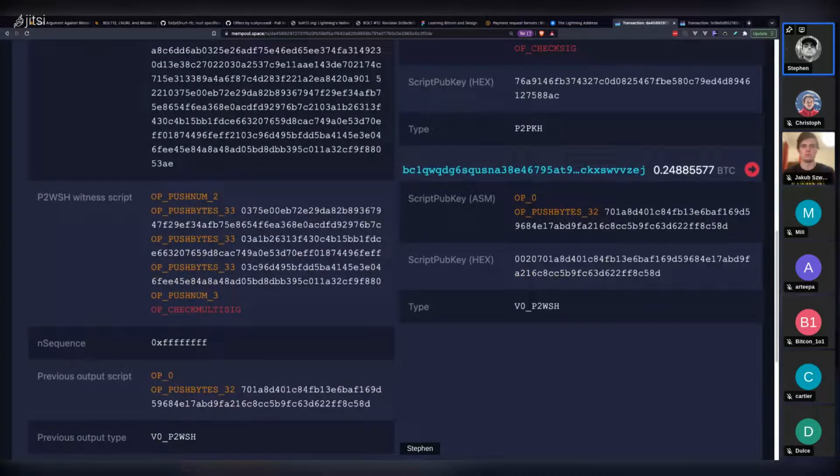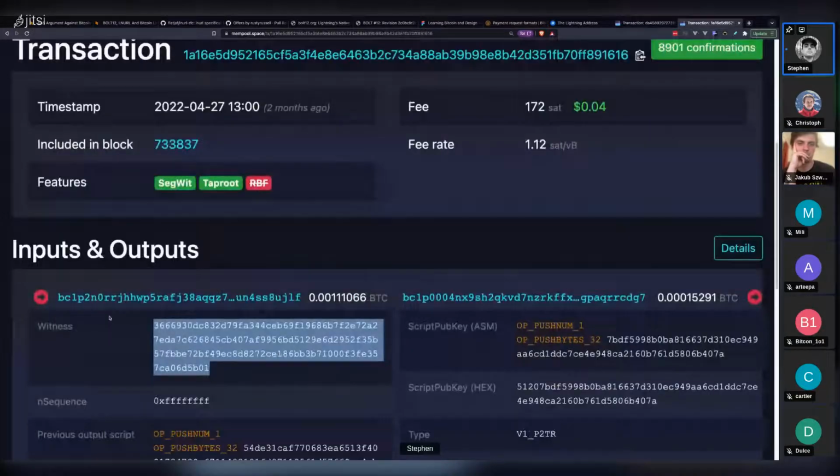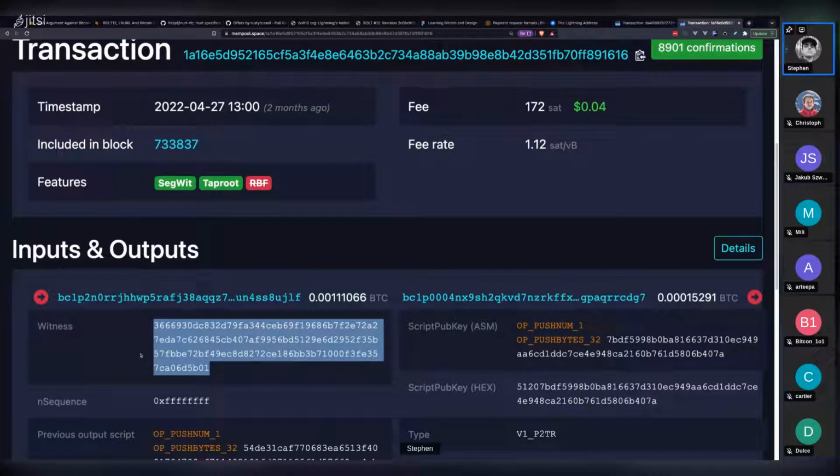So this person, whoever they are, has lost a little bit of privacy. We can tell a little bit about this transaction. But the thing that's so nice about Taproot is that with this BC1P address, we don't have a clear way of knowing if this is multi-sig or single sig. Single signature and multi-signature all look incredibly similar. So it's really nice in that regard.